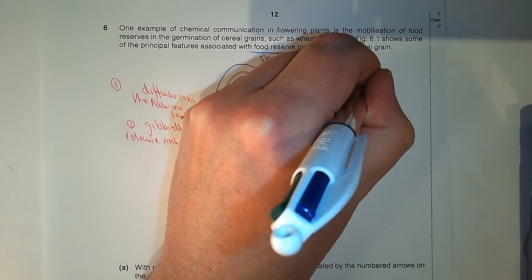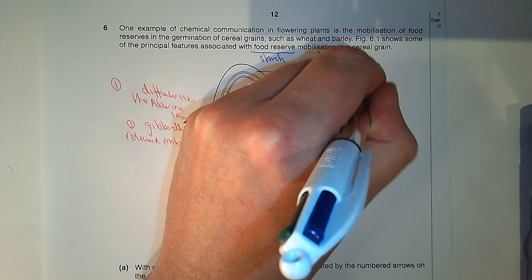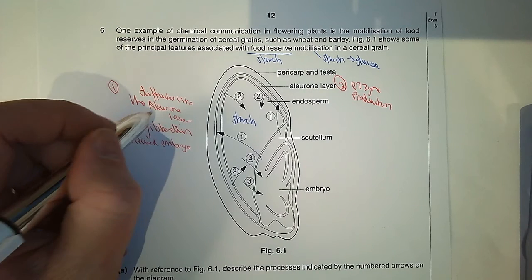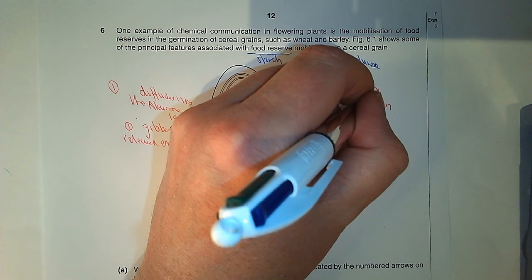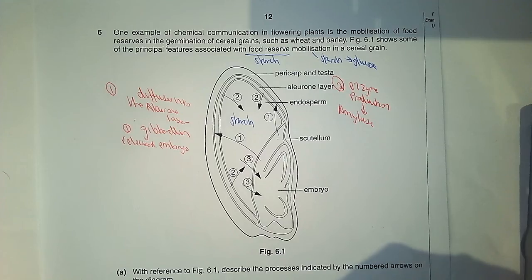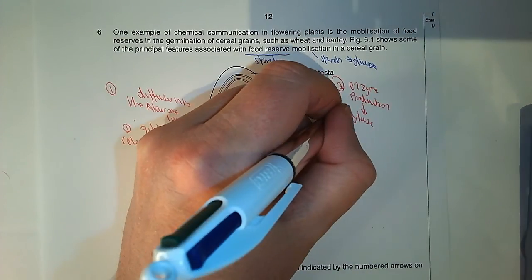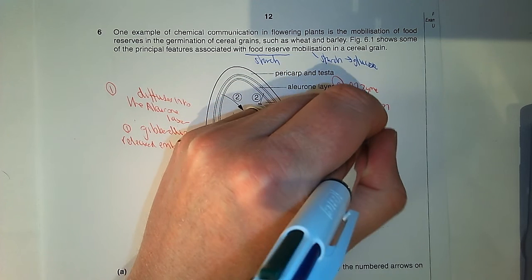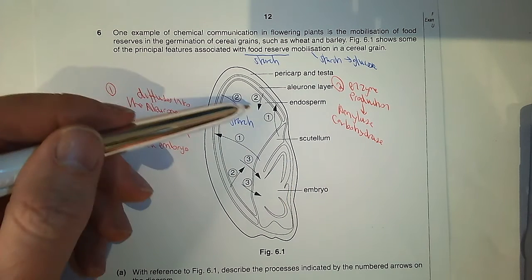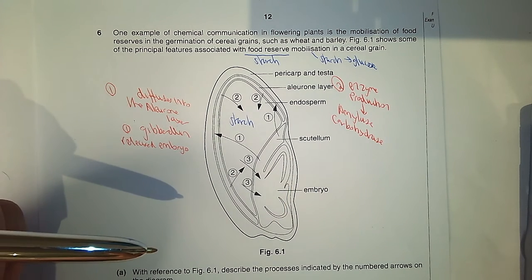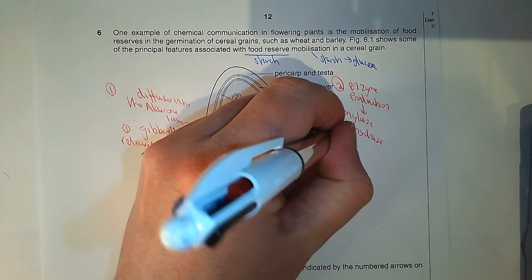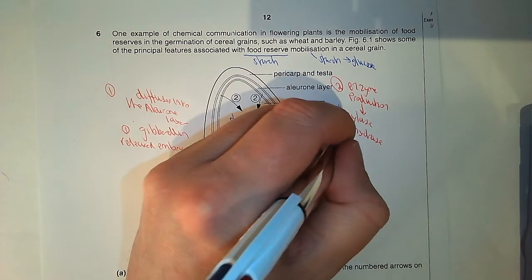So we've got enzyme production triggered by gibberellin, and that enzyme will be amylase, you could write carbohydrates, and there may be other enzymes like lipases and proteases where you've got stored lipids and proteins in the endosperm. Those enzymes then, you can see, are entering the endosperm.